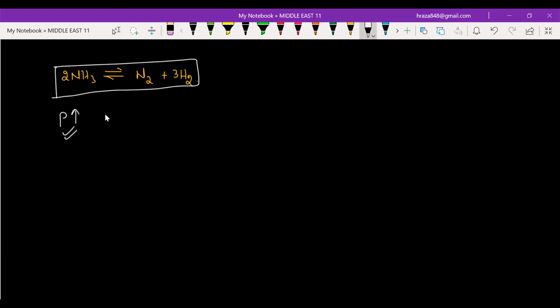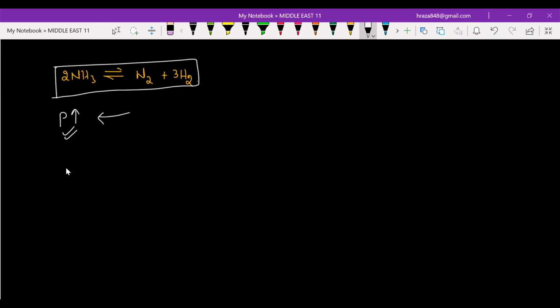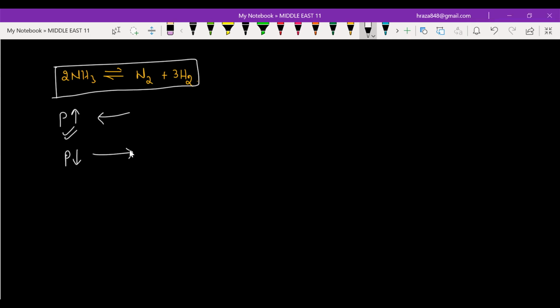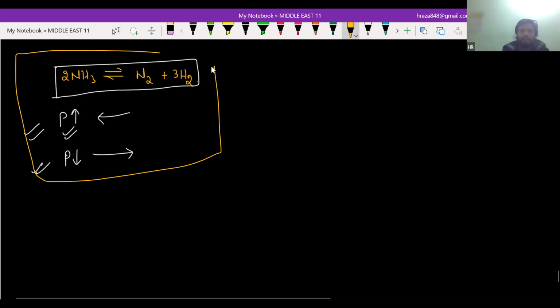So according to our concept, it will move to the left hand side, right, everyone? Yes, sir. Now, if we decrease the pressure, it will reverse. Reactant to product, it will go or not, Ifra? Yes, sir, I said towards product. Very good. And Saif, you are also very good. You both are correct.